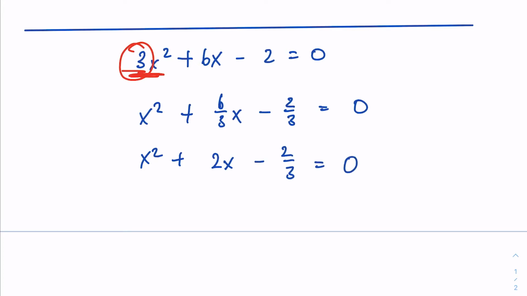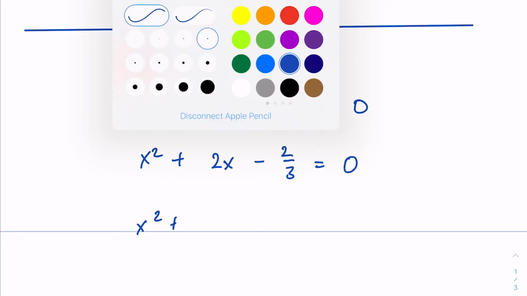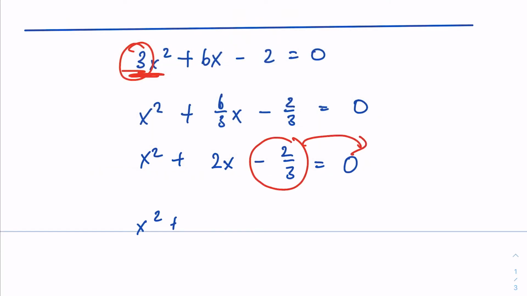you get this. Now, the first step is, remember, to throw your constant over, such that you have x squared plus 2x equals 2/3.